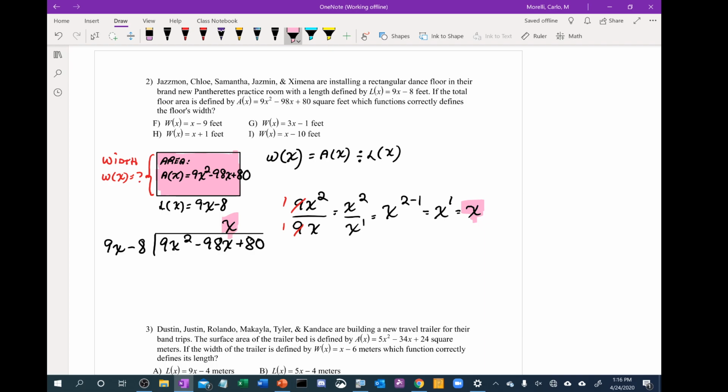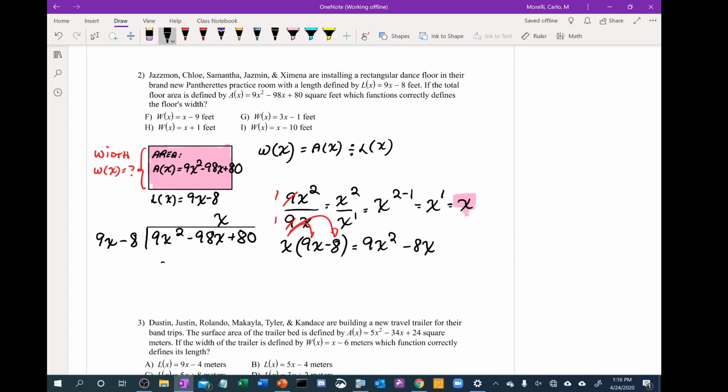and then multiply the first term of the quotient by the entire divisor, which gives x, open parentheses, 9x minus 8, close parentheses. Apply distributive property, and that equals x times 9x is 9x squared. X times negative 8 is negative 8x.